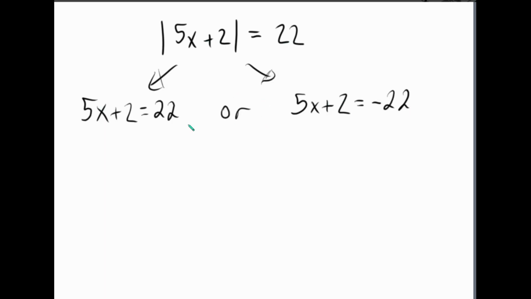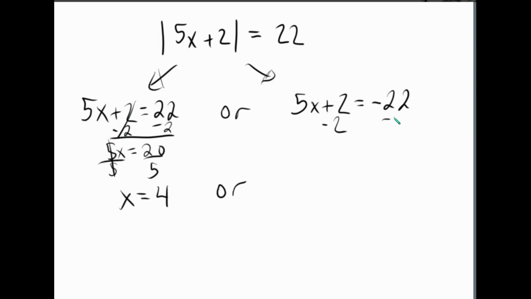Again, I'm going to have two different solutions for this equation. Now I'm going to solve each of my individual equations. I've got my plus 2, so I'm going to subtract 2 on each side. 5x equals 20. Divide by 5. So x could equal 4, or let's try my other one here.